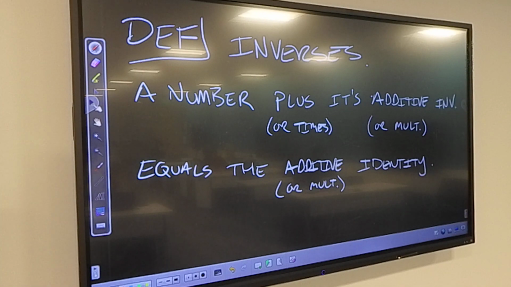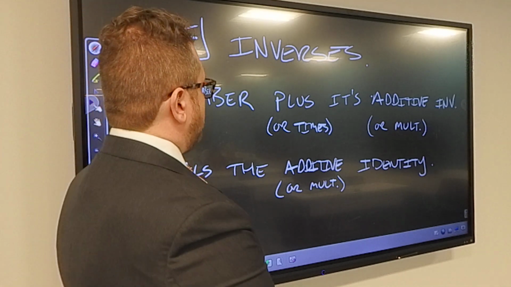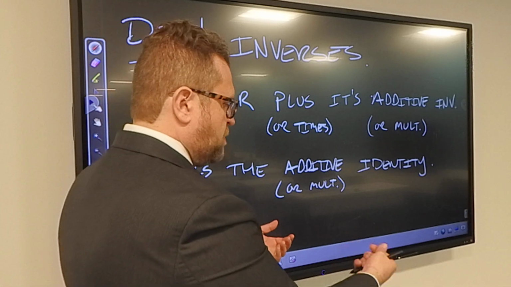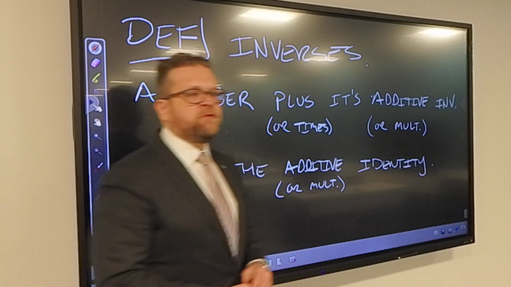That's what the inverse does, is it takes us back to the identity. And likewise for multiplication, but that's where our caveat is, not every number has a multiplicative inverse. There's one number that no matter what I multiply it by, I'll never be able to get back to the multiplicative identity.